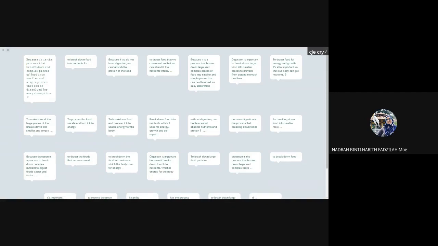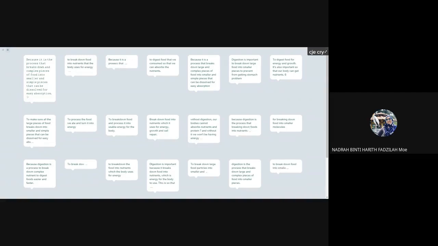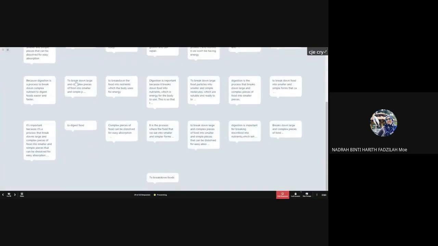Kalau kita makan karbohidrat daripada sumber nasi atau kita makan protein daripada sumber daging, inside the food there are very complex and big molecules that need to be broken down into smaller and simpler forms so that we can conduct cellular respiration atau building various biochemical compounds in our body macam enzyme ke, hormon ke, antibody ke dan sebagainya lah.